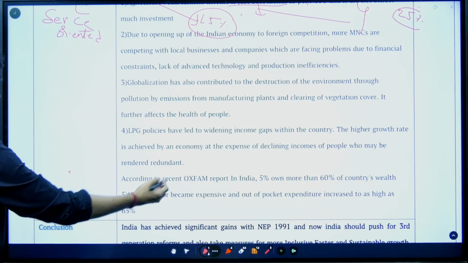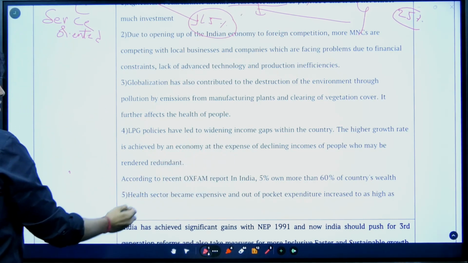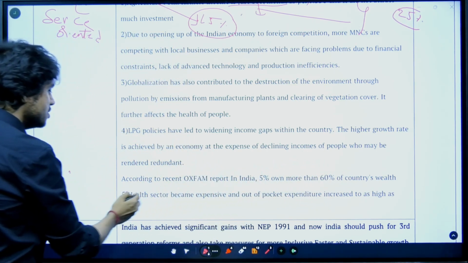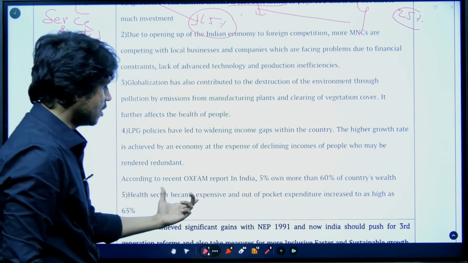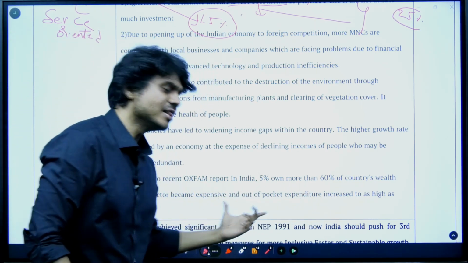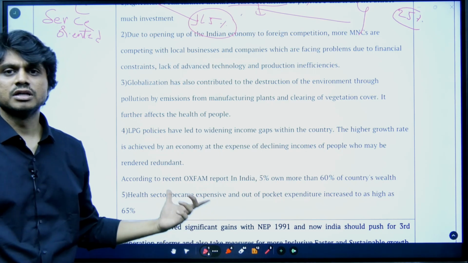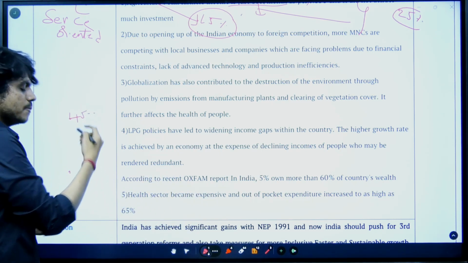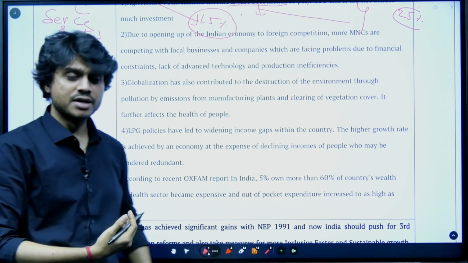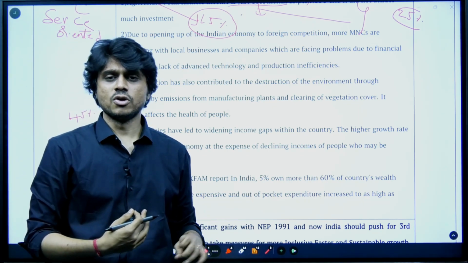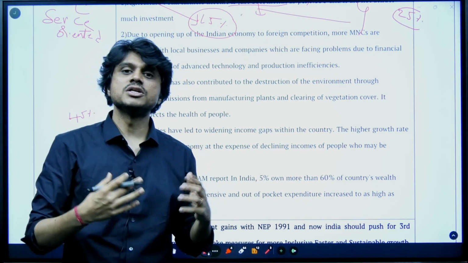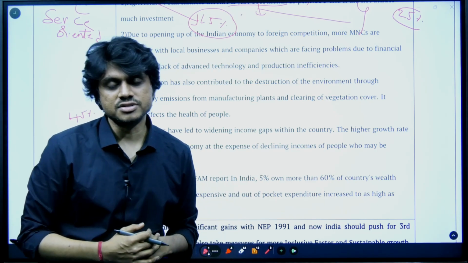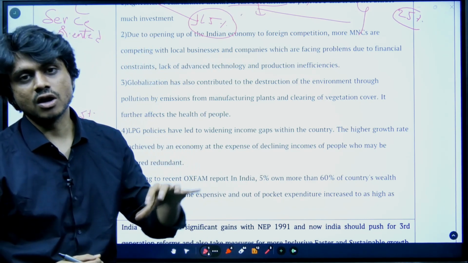So there was a high amount of inequality, and the Oxfam report says 5% of the population own more than 60% of the country's wealth, right? And even today, in the health sector, the out of pocket expenditure is 45%. It is very huge, right? In developed nations, especially the European nations or your Scandinavian countries, health is taken care of by the government itself.